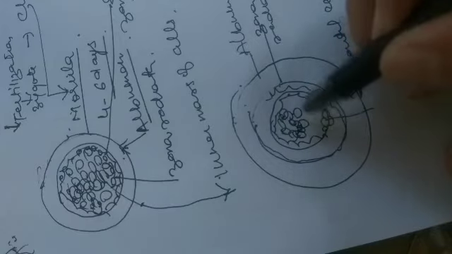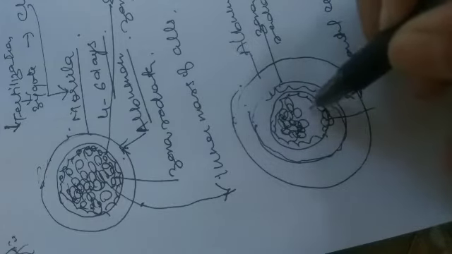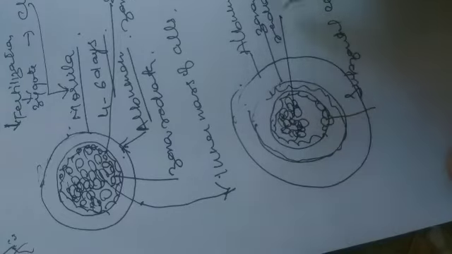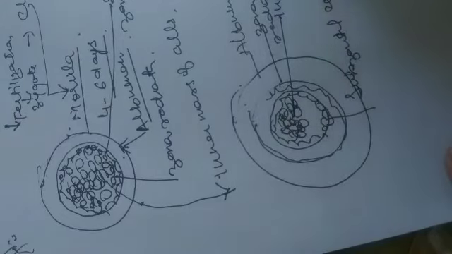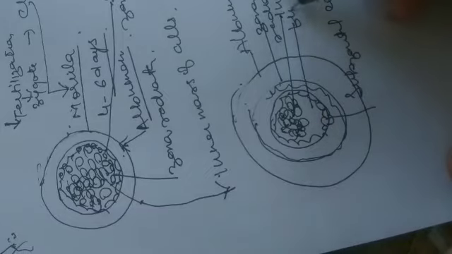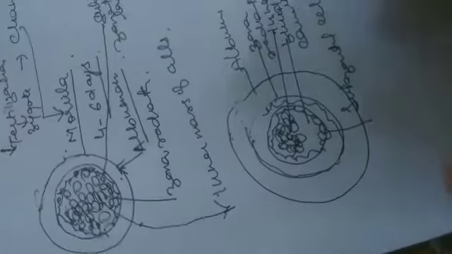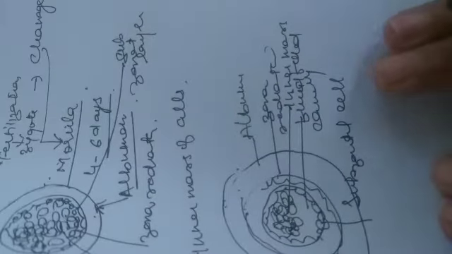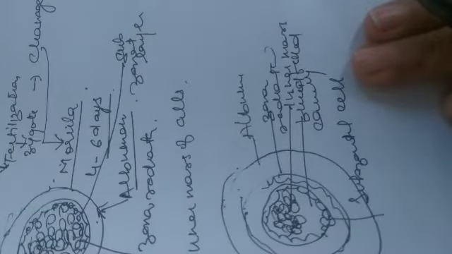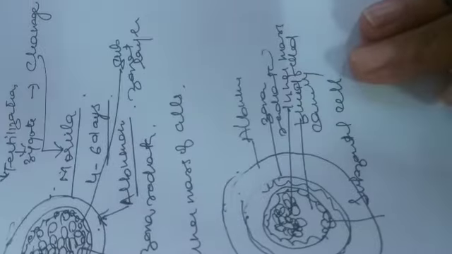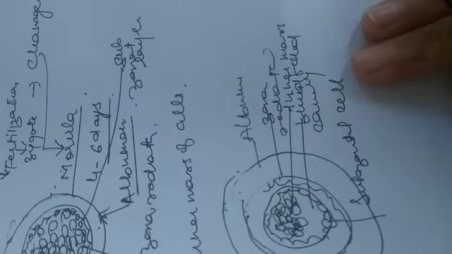The cavity develops in between the subzonal cells and the inner mass. This is a fluid filled cavity. It would develop like this, and further the cavity goes on enlarging.